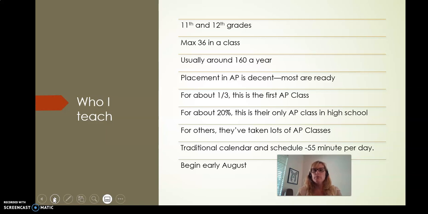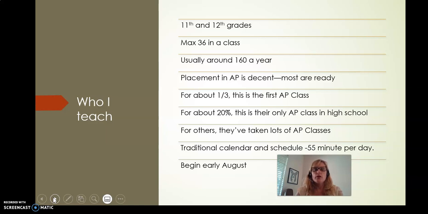In my school, placement is decent. Most students are ready. There's always some that aren't, and I work with them as best as I can. I do a lot of scaffolding because, especially the ones that are almost ready, I can do a lot with them to get them to be successful in the class through a lot of differentiation and scaffolding.